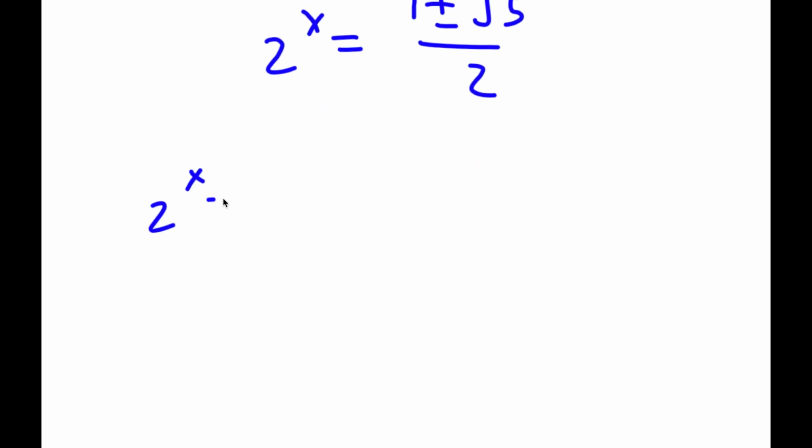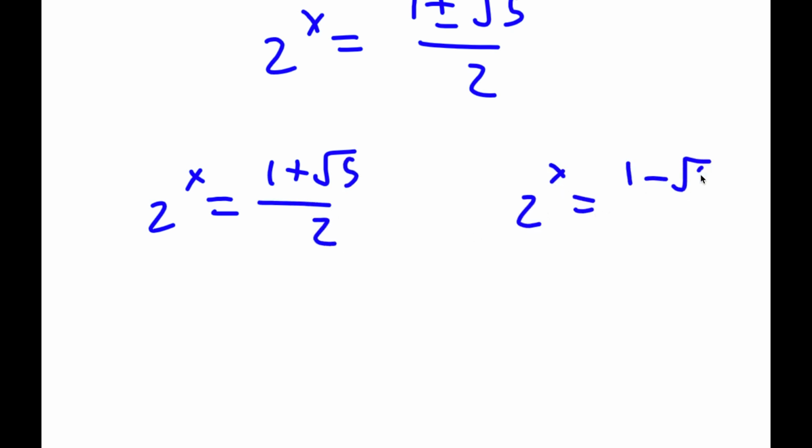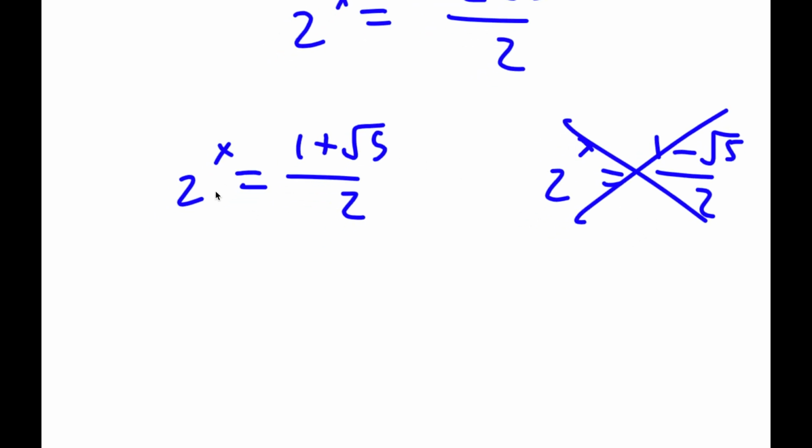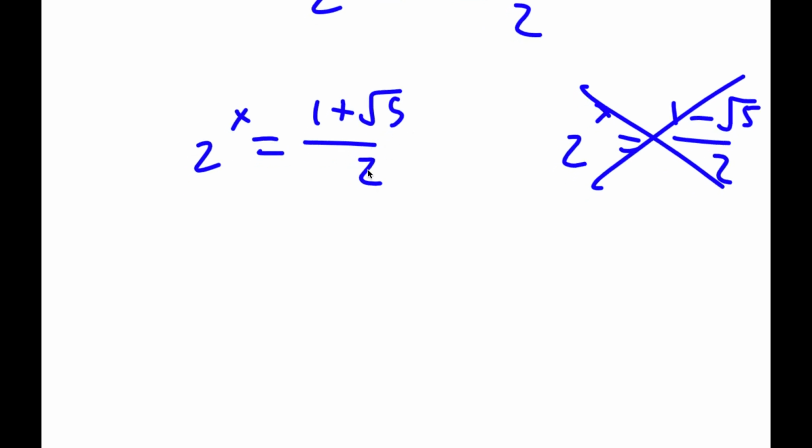So my two equations are 2 to the power of x equals 1 plus the square root of 5 over 2, and 2 to the power of x is equal to 1 minus the square root of 5 over 2. So first off, 2 to the power of x equals 1 minus the square root of 5 over 2. 1 minus the square root of 5 is going to be a negative number, and 2 to the power of a positive number to the power of an exponent can't equal a negative number. So this is wrong. So all I'm left with is 2 to the power of x equals 1 plus the square root of 5 over 2.